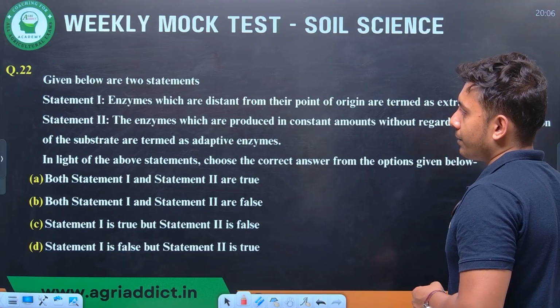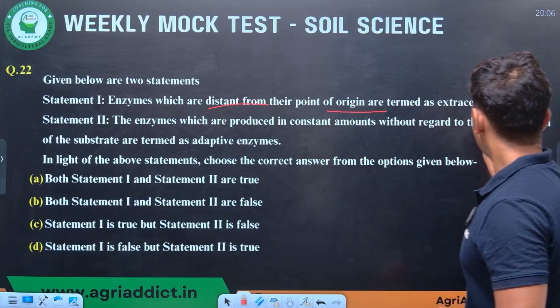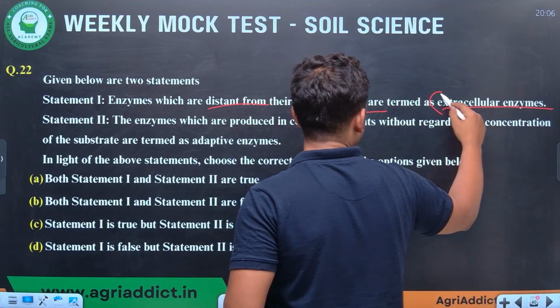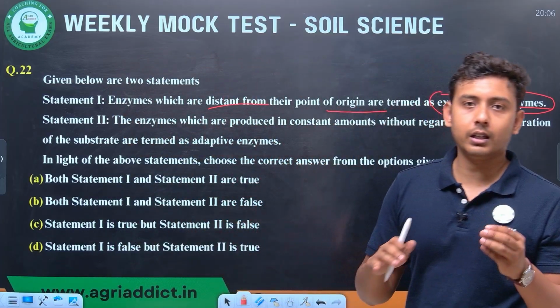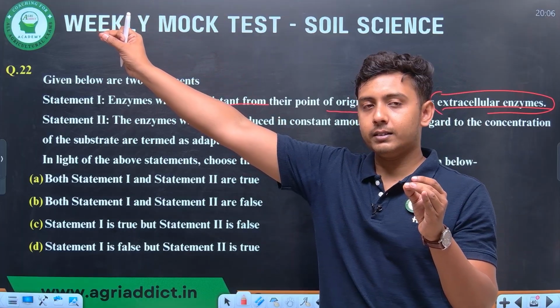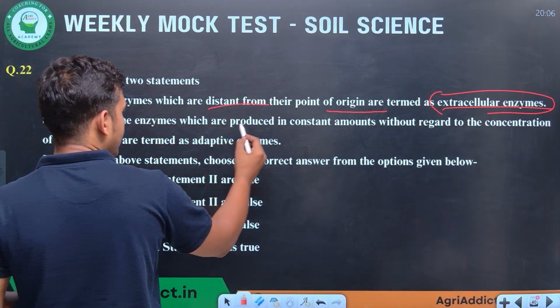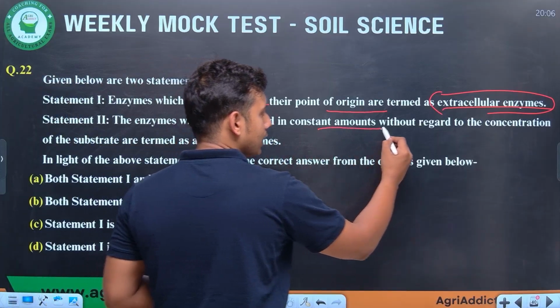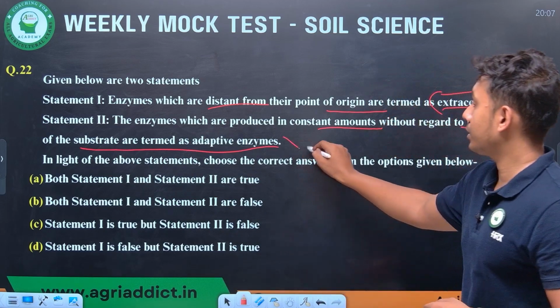Here are the statements. Enzymes which are distant from the point of origin are termed extracellular. Yes, this is true. When the enzyme is formed somewhere else but works in a different place, that is extracellular. Statement 2: enzymes which are produced in constant amounts without regard to the concentration of the substrate are termed adaptive. No, this is not true.